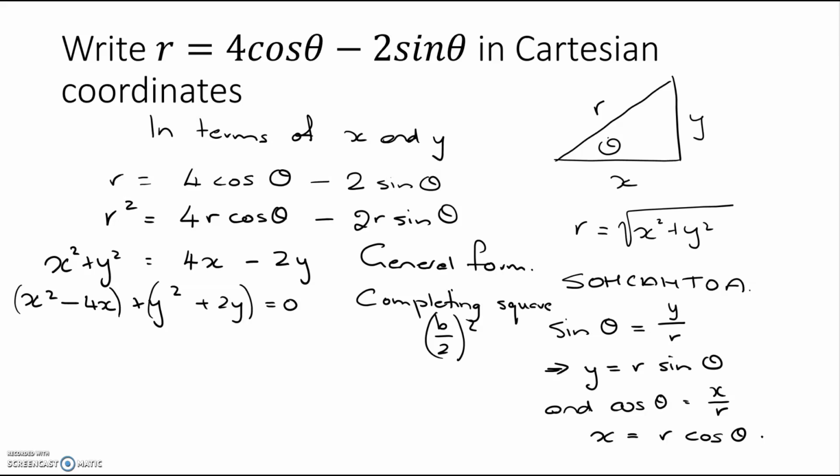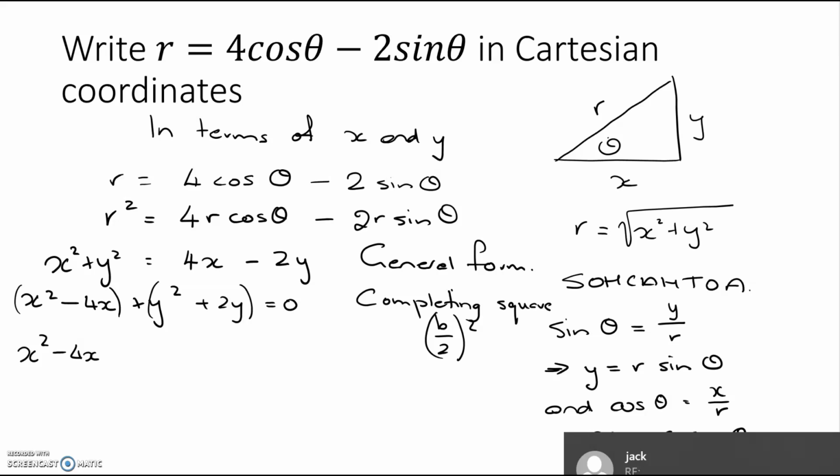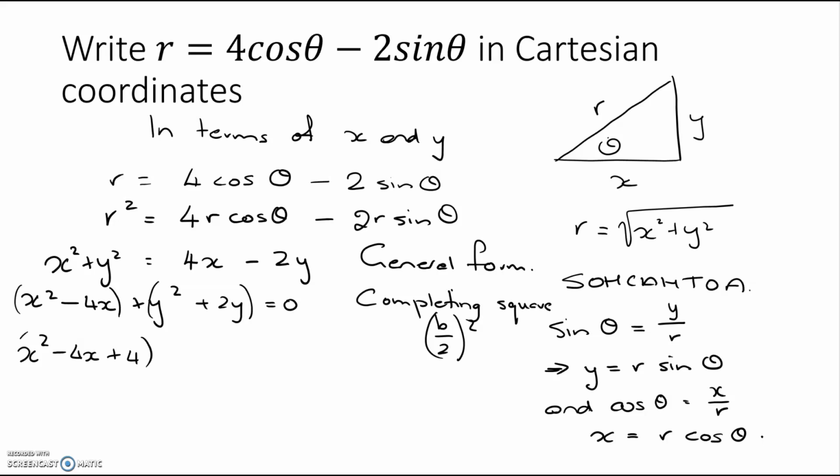So what we're going to do is start from that and then add half of negative 4, squared, so half of negative 4 over 2 squared, which gives us plus 4, and then for the next one, half of 2 squared would be 1.